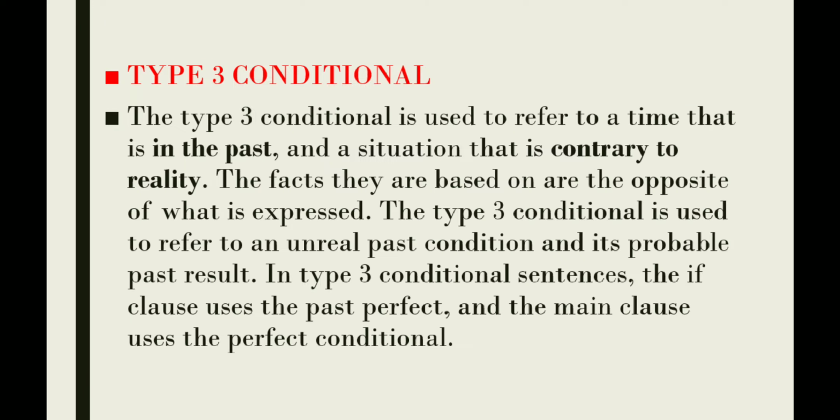Next, third conditional. The third conditional is used to refer to an unreal past condition and its probable past result. In third conditional sentences, the if clause uses the past perfect and the main clause uses the perfect conditional.